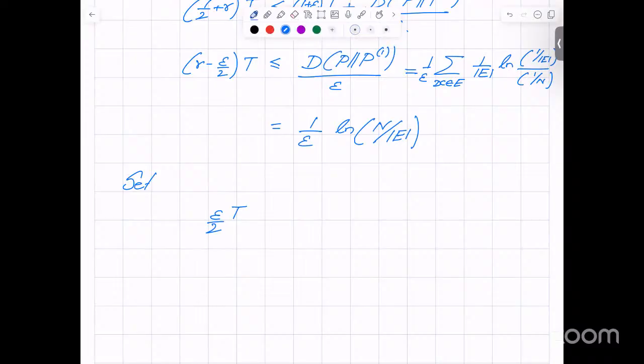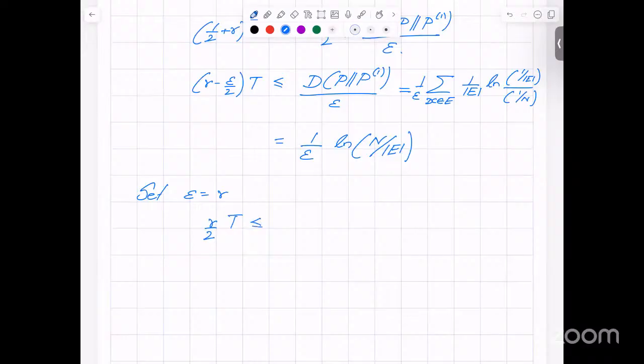That's the setting. We haven't yet set the parameter for this one. I want epsilon to be gamma by 2. So I get gamma by 2, T is less than or equal to 1 over gamma ln N over mod E. Well, got it right.